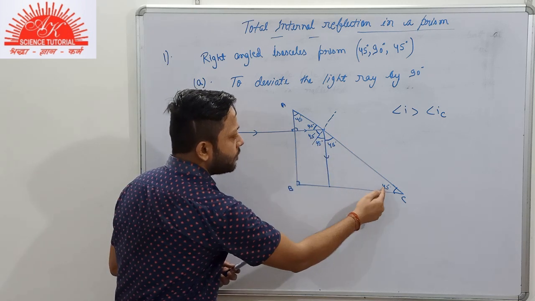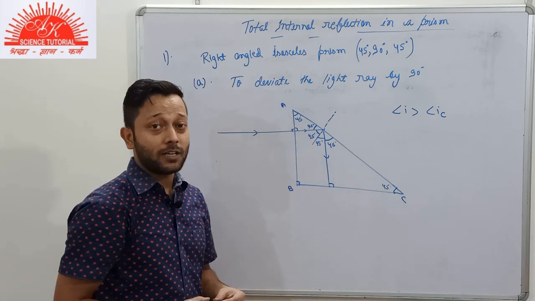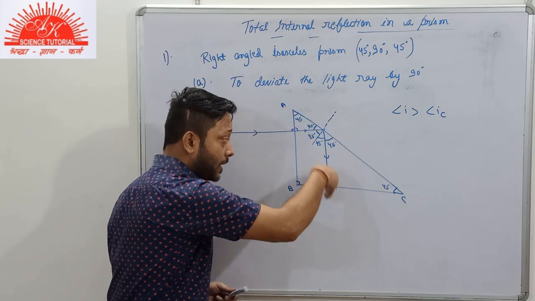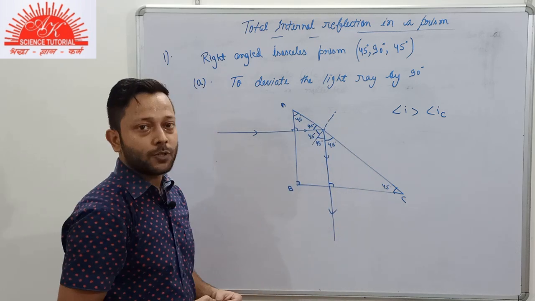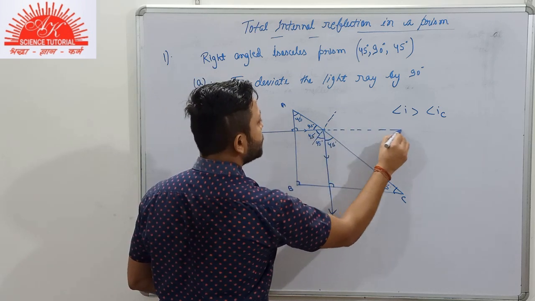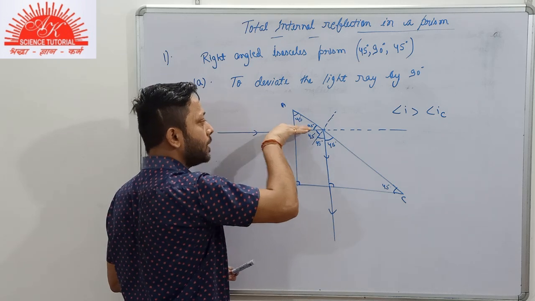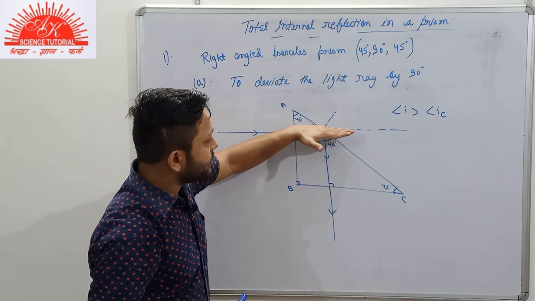So this is 45, this is 45, then the third angle must be 90 degrees. And obviously if it is perpendicular to the surface BC, it will pass undeviated. So as you can see, the initial path of the light ray would have been along this direction. But the light ray doesn't move along this direction.